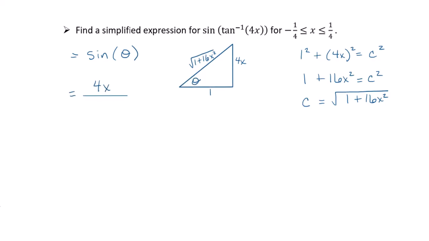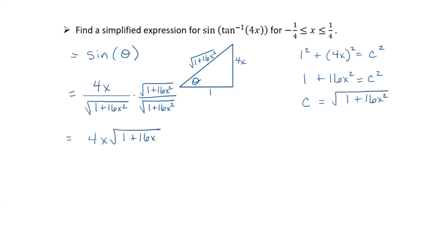So our simplified expression is 4x over the square root of 1 plus 16x squared. And should I need to rationalize the denominator, I can do that, multiplying by a form of 1, and I'll get 4x square root of 1 plus 16x squared all over 1 plus 16x squared.